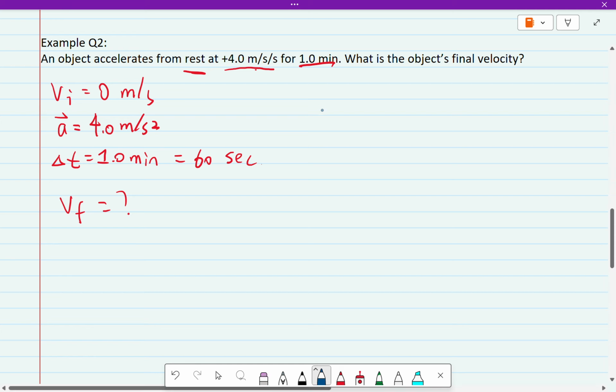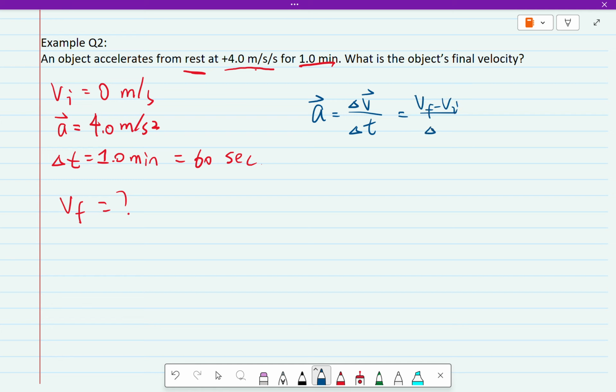So, as we have our formula written down like this, we actually want to start rearranging our formula to isolate final velocity. So how do we do that? First, we can multiply delta t to both sides, so we can get rid of this denominator right here. So we will get something like a times delta t equal to final velocity minus initial velocity.